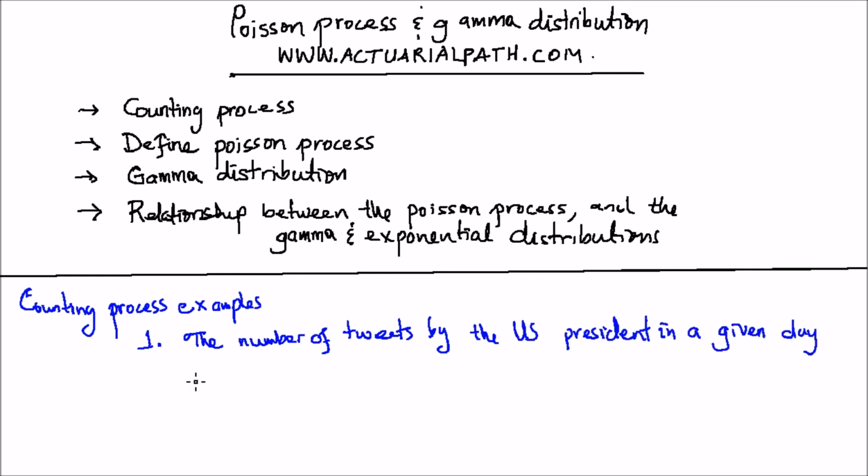Another example is, for instance, if you work for an insurance company as an actuary, you'll be very interested in the number of claims that your company is going to pay out in a given month or in a given year.